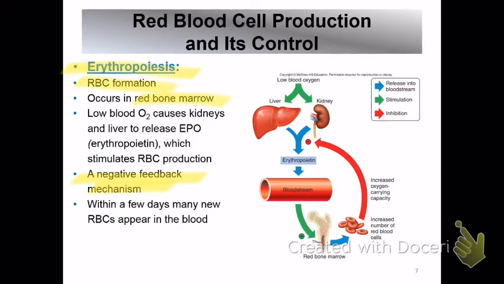So you have to keep that normal amount. Homeostasis, negative feedback. Remember, those two words go hand in hand. We regulate homeostasis with negative feedback. And so erythropoiesis, you want to know that for sure, is red blood cell formation. Where? In the red bone marrow.